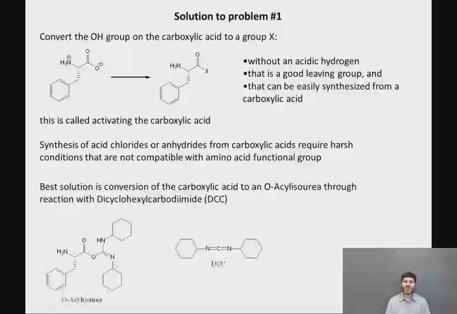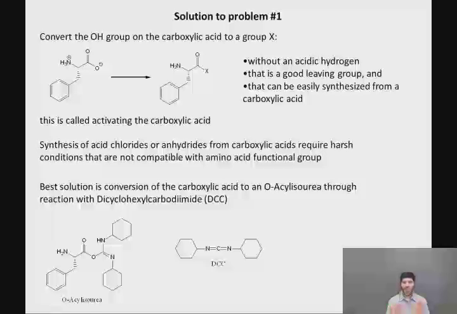So the best solution that has been proposed over the years for this problem is for X to be an O-acyl isourea. Now that's something new and strange, but it'll make sense in the next slide when we go over the mechanism. And the way you get to the O-acyl isourea is you take the carboxylic acid and react it with a reagent called dicyclohexyl carbodiimide, which is shortened to DCC.